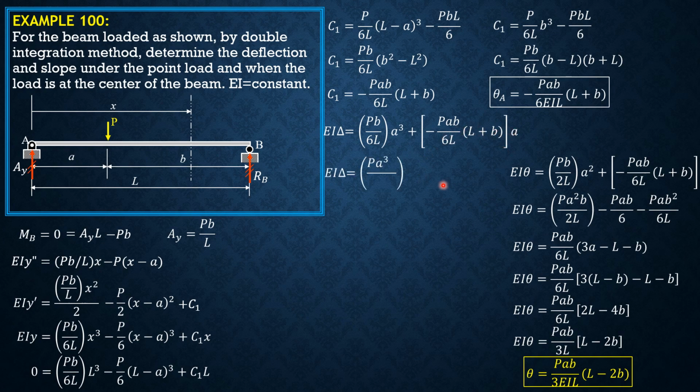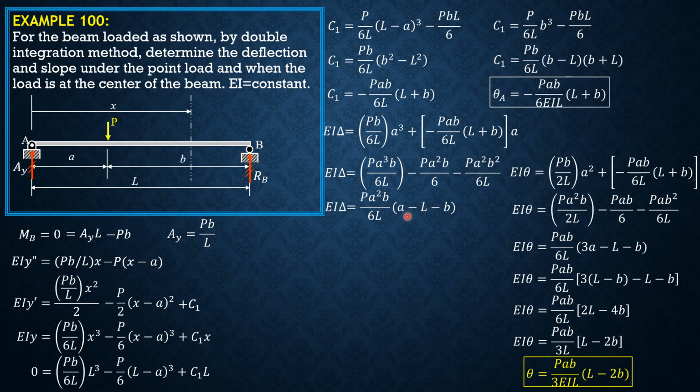EI delta equals PA cubed B over 6L minus PA squared B over 6, then minus PA squared B squared over 6L. So factor out PA squared B over 6L, then we have A minus L minus B.